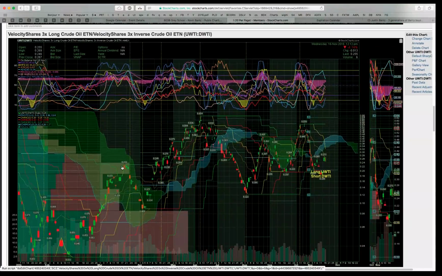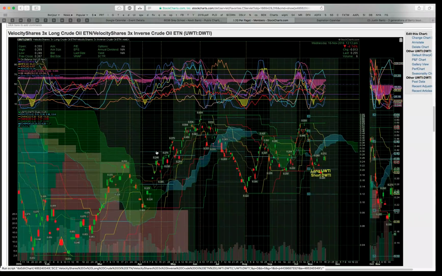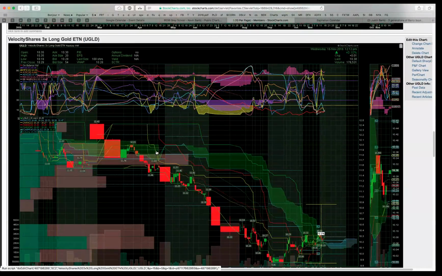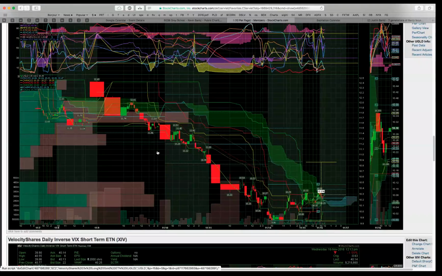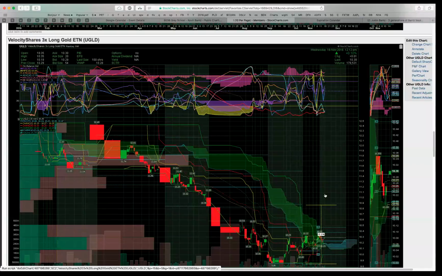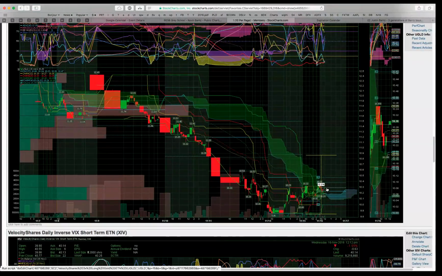And this was the spread of long UWTI and short DWTI, so I'm just seeing the ratio between the two of them. And gold, okay, so 1030. So 60 cents, that's 6%, Kev. There's 10% on the move.